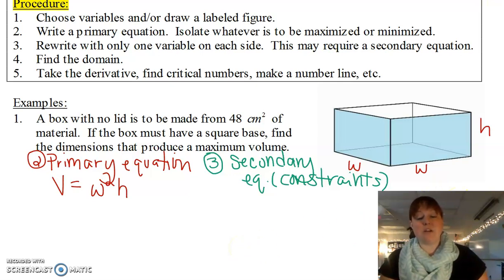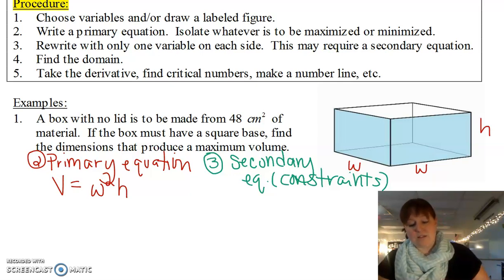Okay, our secondary equation has to do with our constraints. So what are our constraints? Well, our surface area can be no more than 48 square centimeters, right? We can't use more than 48 square centimeters of material. So what is our surface area?